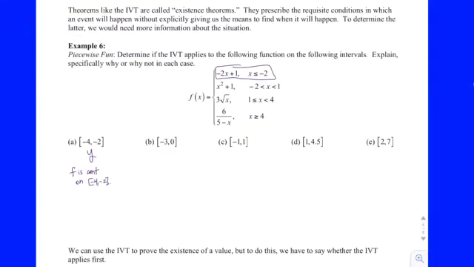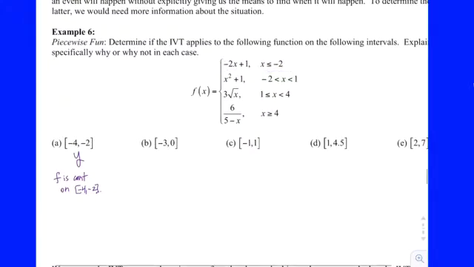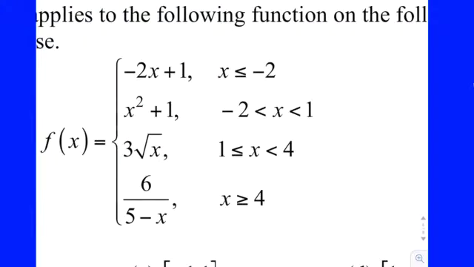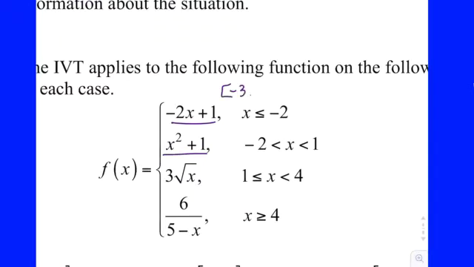All right. What about from -3 to 0? Now which pieces is that going to involve? The top one? We start on the top one, and then we finish on the second one. So we need to check now. Let me go ahead and write it up here where I can see it. -3 and 0. Are we going to have to check our endpoints here?